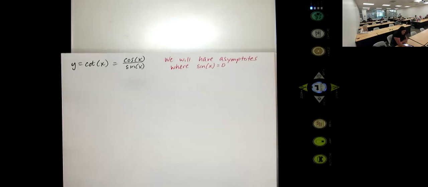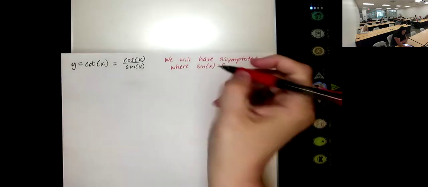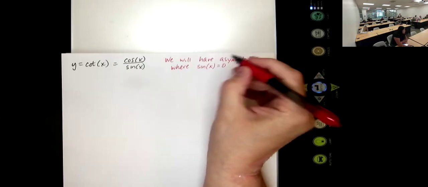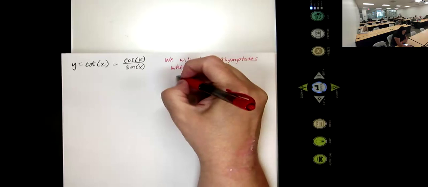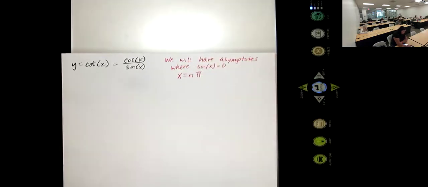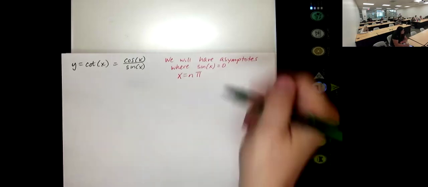And thinking back to our unit circle, that happens at 0, pi, 2 pi, 3 pi, 4 pi. This happens at x equals n pi. So these are cotangent's asymptotes.